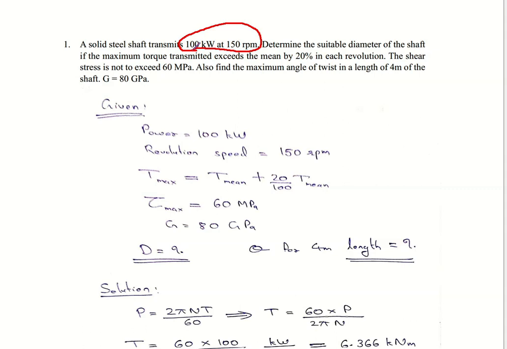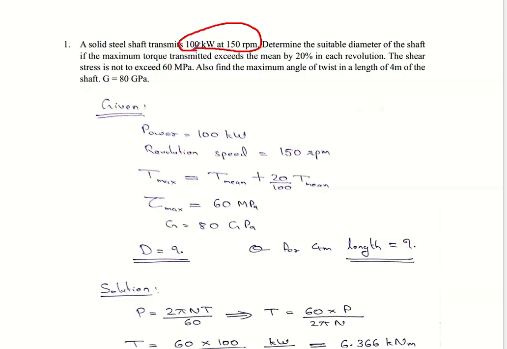But as you might have already studied in case of an engine and all, the torque level is not always a constant. The torque can vary from time to time. Even in a single revolution, at one point the torque will be minimum and at another point the torque will be maximum.